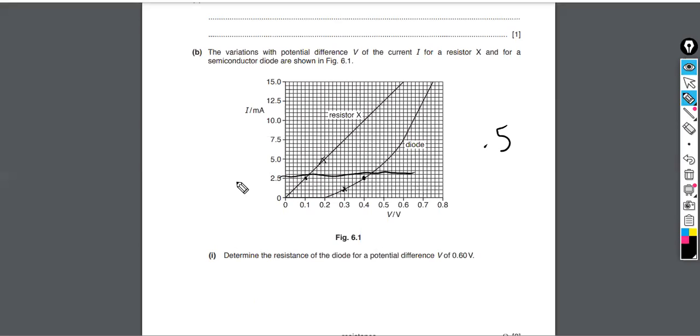The answer here is 2.5 milliamps, because the voltage drop across my resistor is 0.1 volt at that current, and the voltage drop across my diode is 0.4 volts at that current. And so 0.1 plus 0.4 equals the total voltage drop that I need. And it's the only set of values that keeps the same consistent current, which is a requirement for a series circuit.